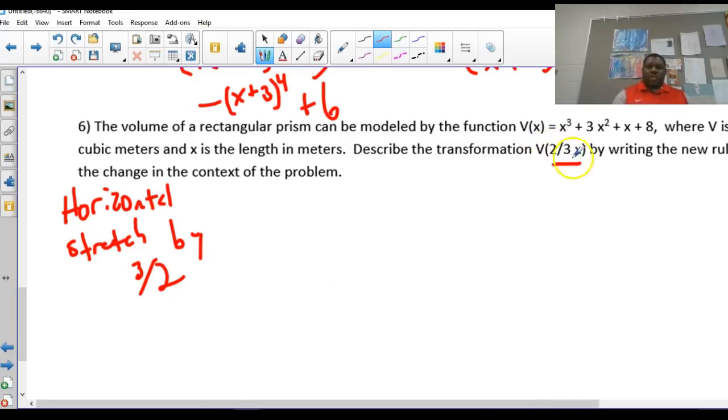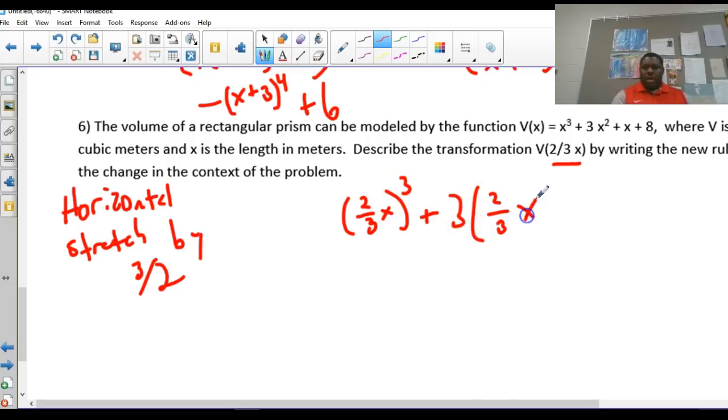Now, you apply the 2/3 to all the x's directly. So you end up with 2/3 x cubed plus 3 times 2/3 x squared plus 2/3 x plus 8.